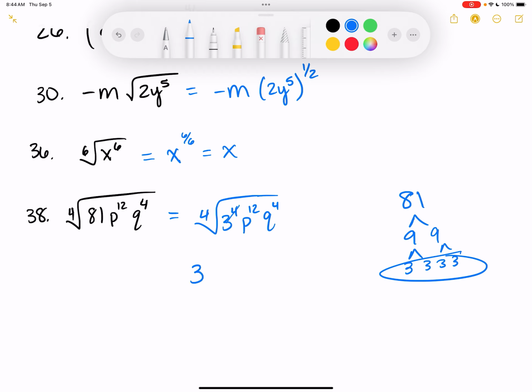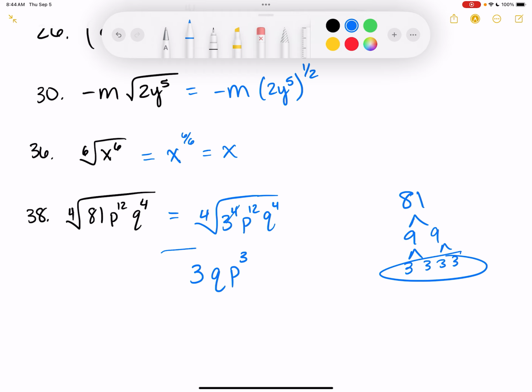How many q's do I have? So I can take that out. Now I have p to the 12th. How many sets of 4 is that? 3. So p cubed. So that's how you would simplify that and break it down.